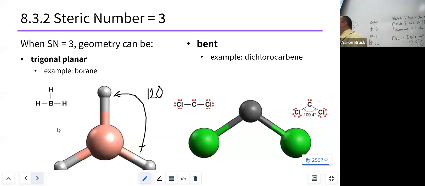But if I have a non-bonding pair, and for those non-bonding pairs, these tan spheres with the little pegs on them can be used. If I have a non-bonding pair like this, what I can see is that this set of electrons isn't shared.